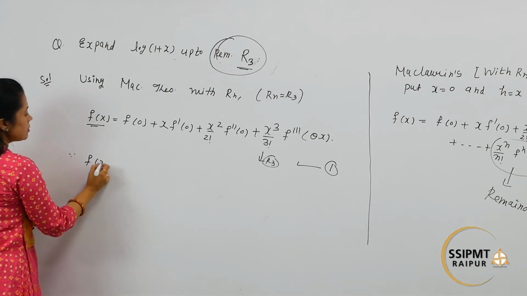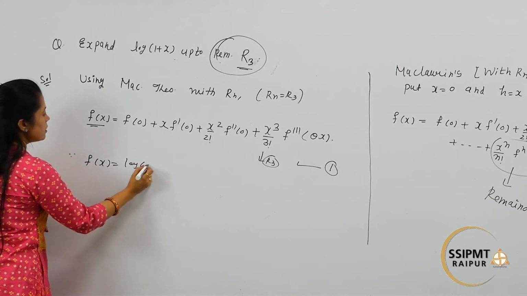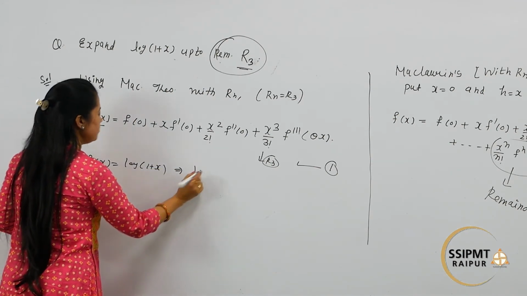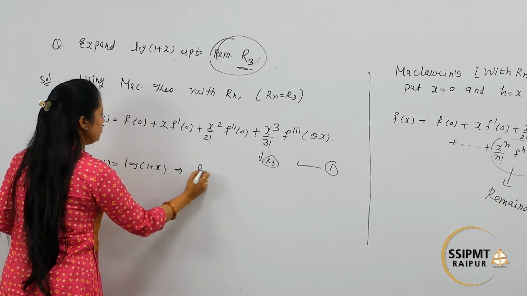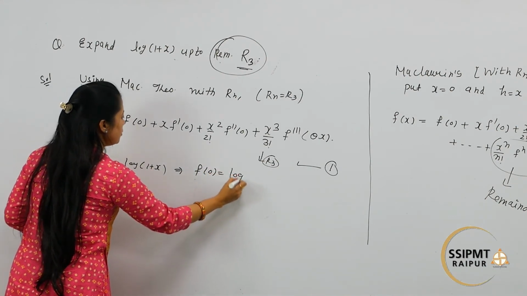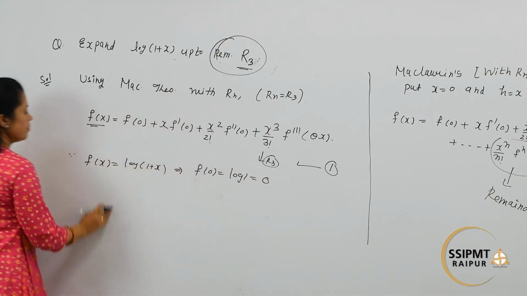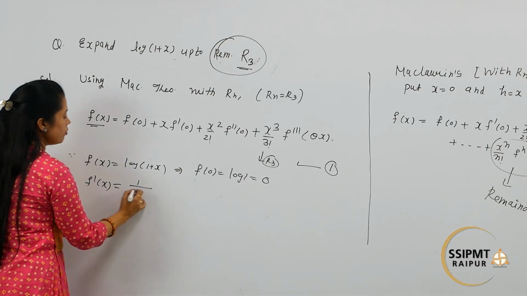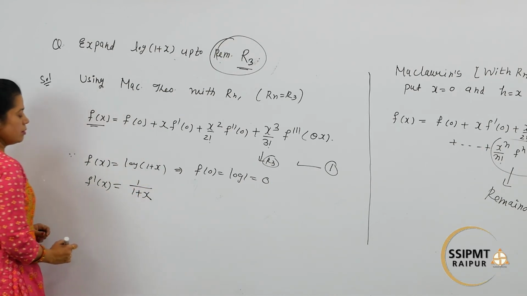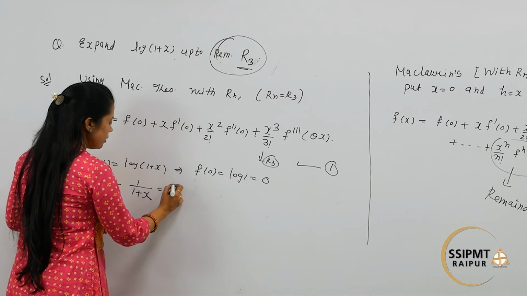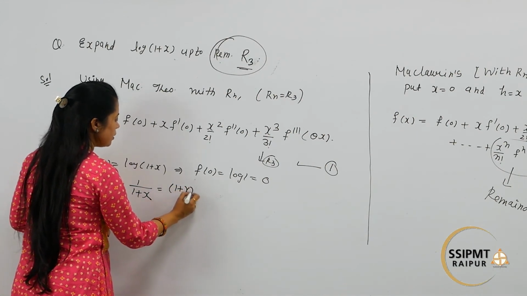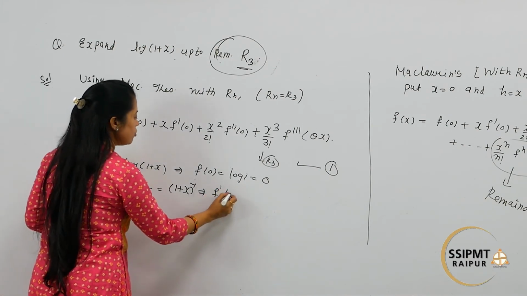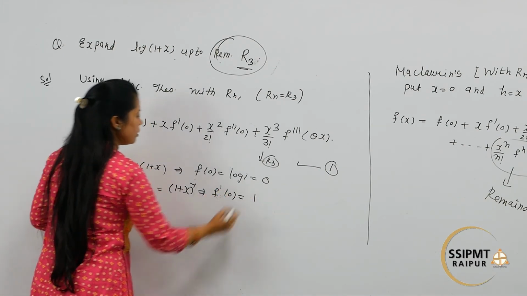Since f(x) is log(1+x), therefore f(0) will be log 1, which is 0. Now f'(x) will be 1/(1+x), which can be written as (1+x)⁻¹. So f'(0) will be 1.